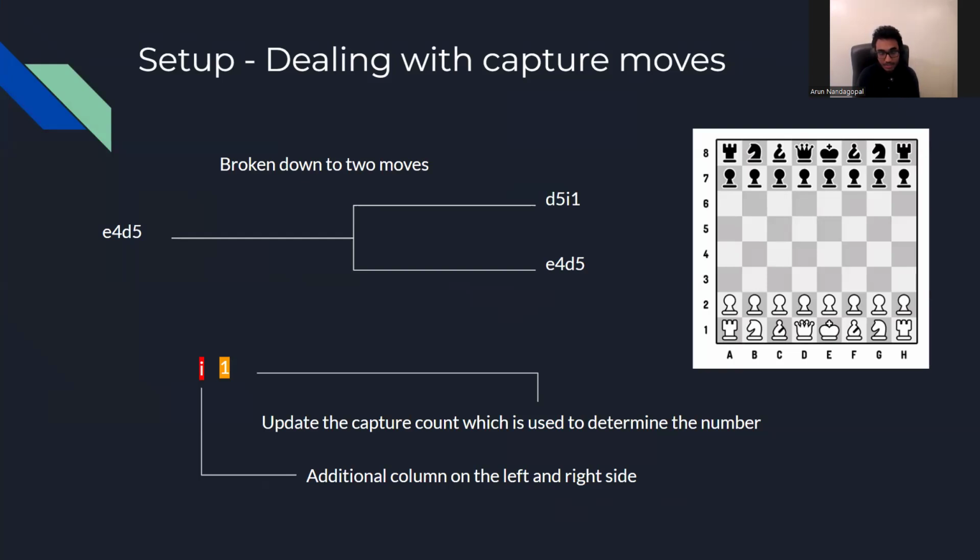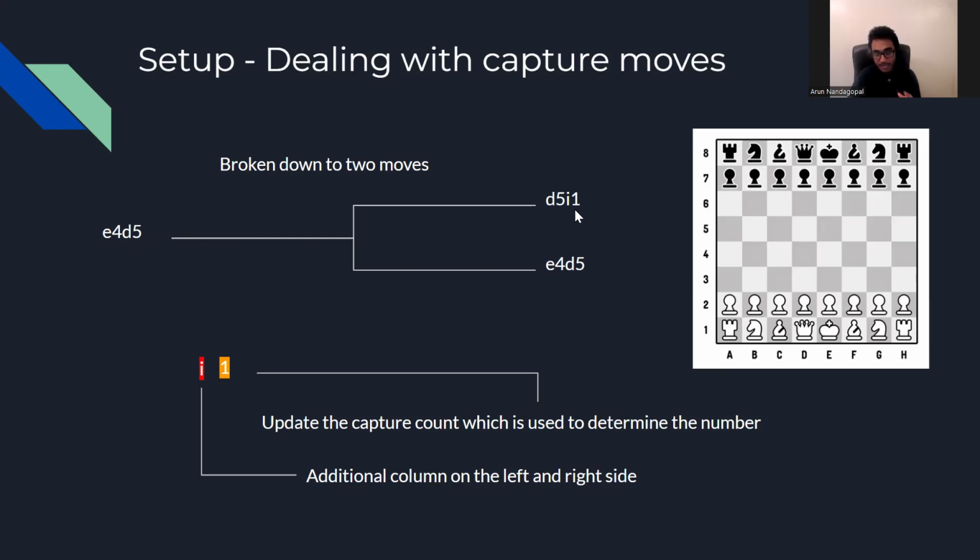So using those two as the input, we are able to derive two different moves, and then we execute them systematically. The first move is to take the captured piece out of the board. So here, this would be d5 to I1, and d5 is the square the captured piece currently occupies.